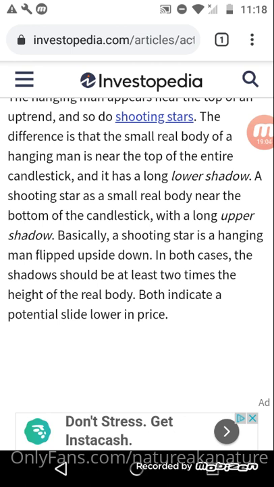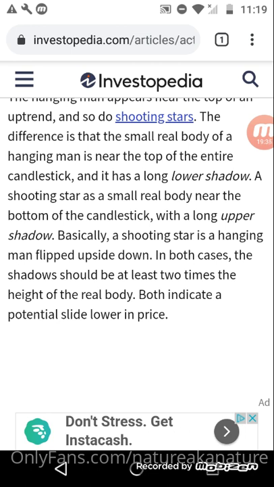The long lower shadow shows that sellers pushed price lower during the session, and buyers were only able to push price back up near the opening. This should set off the alarm, since it tells you there weren't enough buyers left to provide the momentum to keep raising the price, and that sellers were coming in.